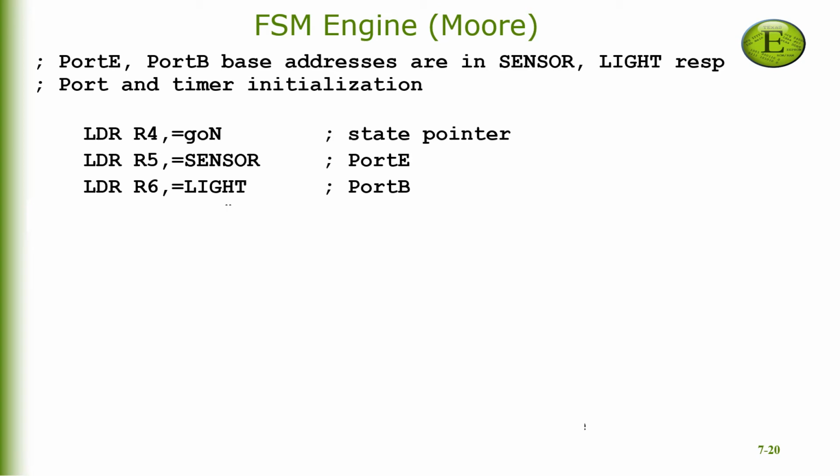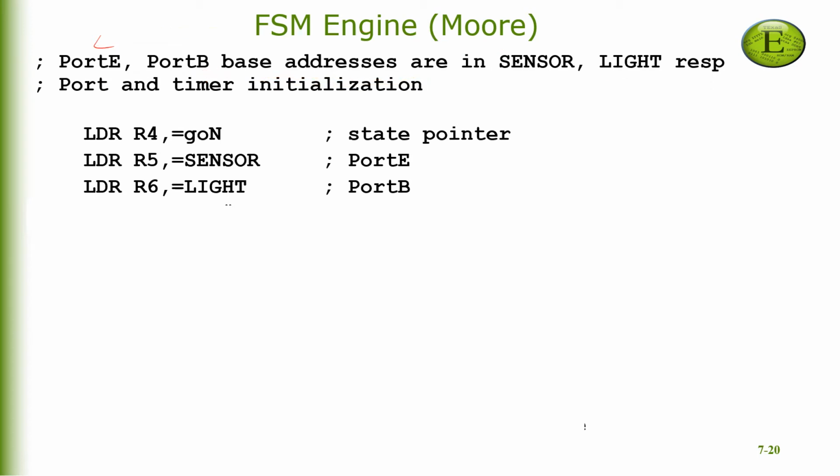However, note the code that I'm going to describe here assumes that the port E and B base addresses are also stored in the ROM with the name sensor that corresponds to port E. So sensor will carry the base address of port E, and light carries the base address of port B.